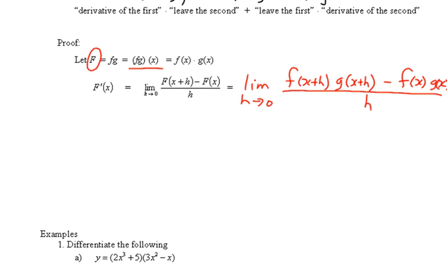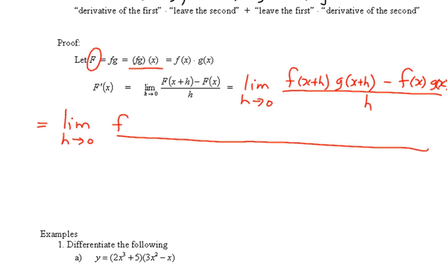Okay, so we're going to work with this one a little bit. This gets a little bit complicated, so I hope you can follow me here. I'm just going to write down the first term again. So there's my first term written down exactly as I had it over there.